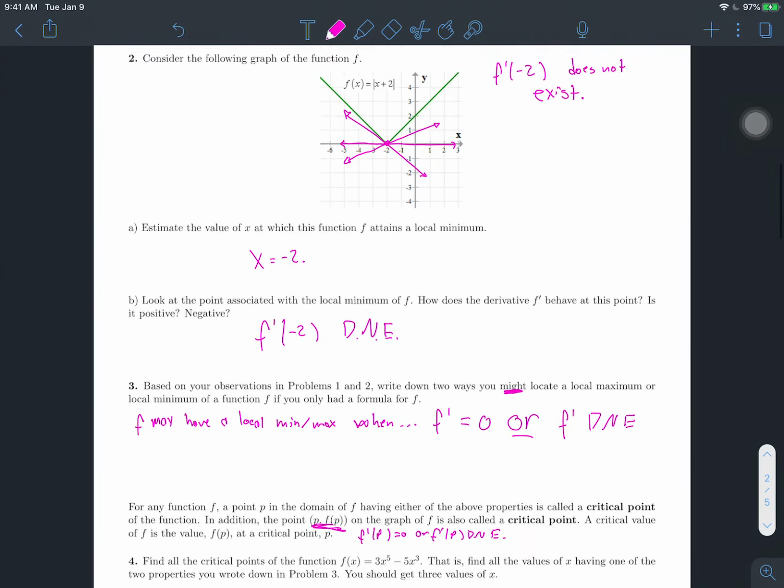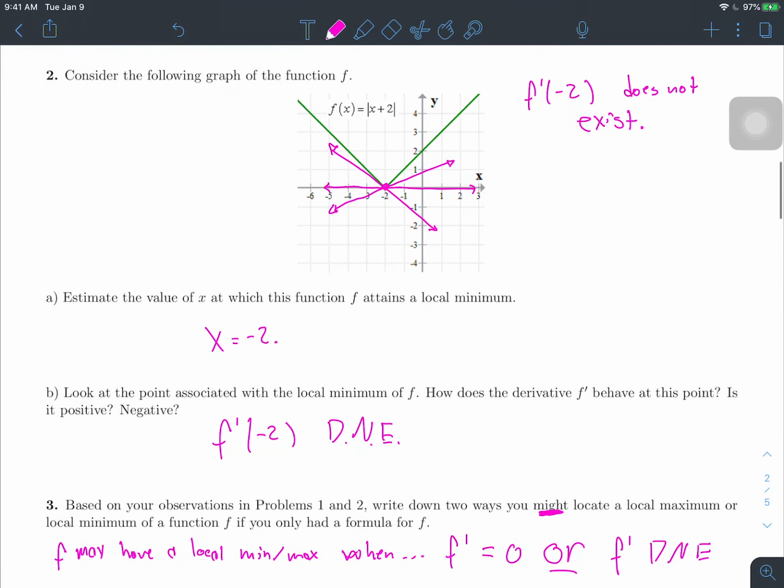So, in our case, our critical point for this problem was -2 comma 0. We said that it's a critical point because it satisfies one of the two criteria that define a potential critical point.